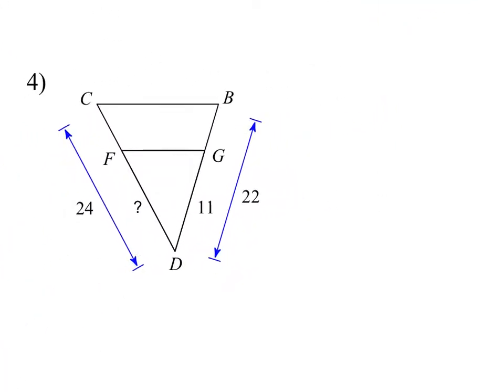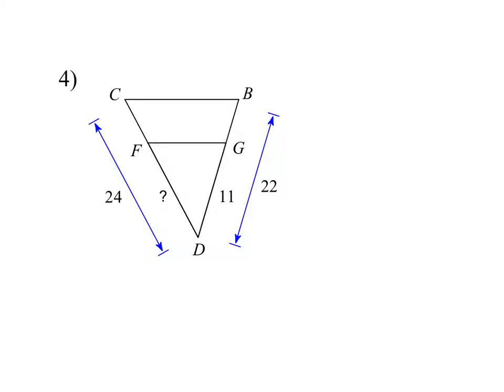Okay, number 4 is another one of those examples where a triangle is inside the other triangle. So these are pretty easy to match up sides. The 24 matches up with the missing side. And then the 22 matches with the 11.